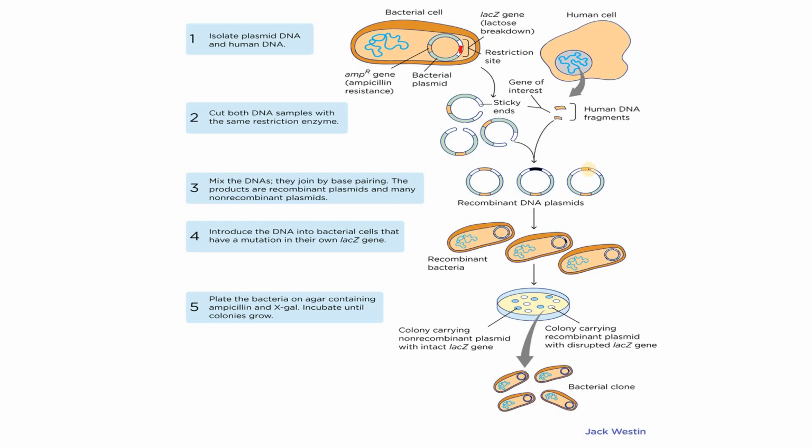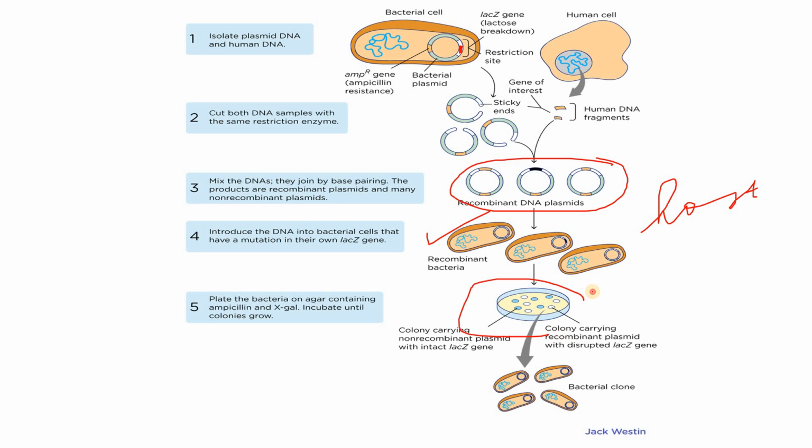When these plasmids are introduced into the host bacterial DNA and grown on the Petri plate, they will definitely grow on the Petri plate.